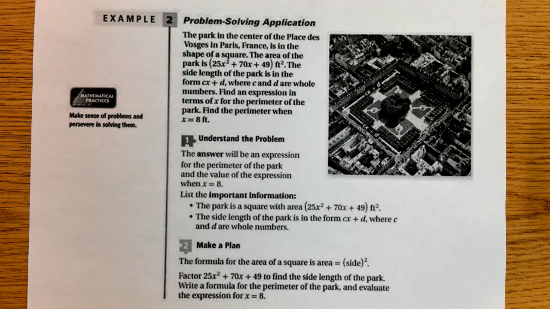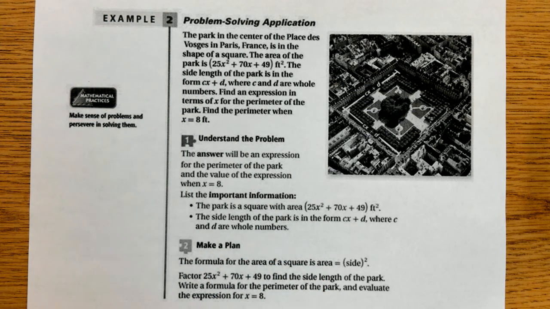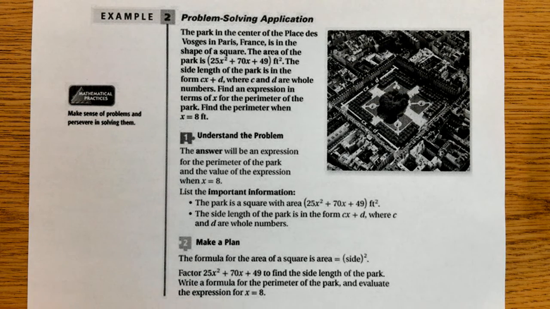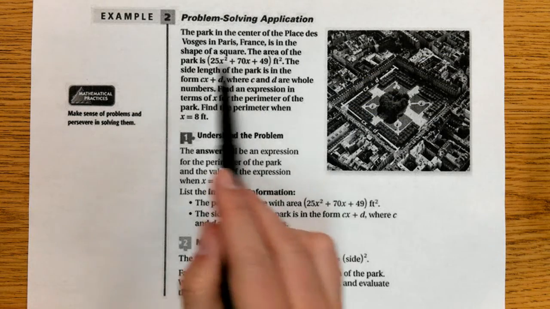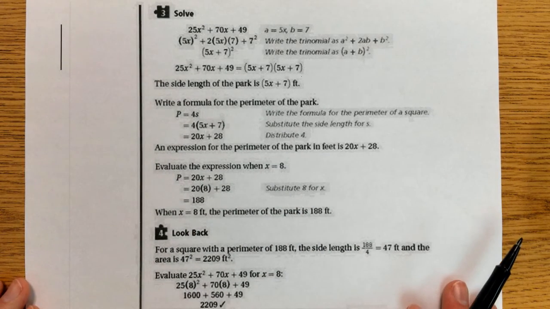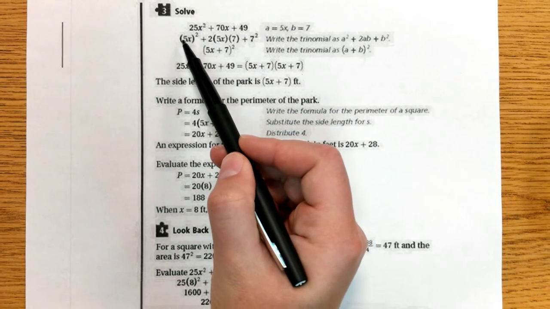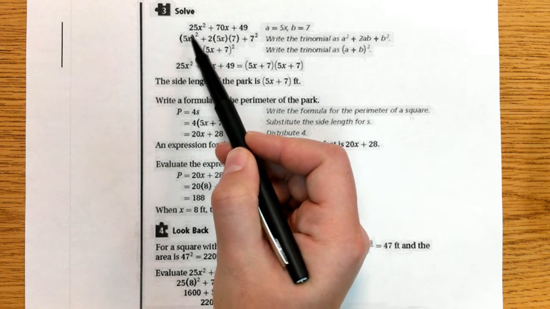Okay, so here we are going to factor this trinomial, and then we'll go back and substitute in 8 for x to go ahead and find that area. So remember, a square, both sides are the same length, so this is going to have to be a perfect square. So looking at our trinomial, we're going to go ahead and factor it. So 25x squared is 5x times 5x, or 5x squared.